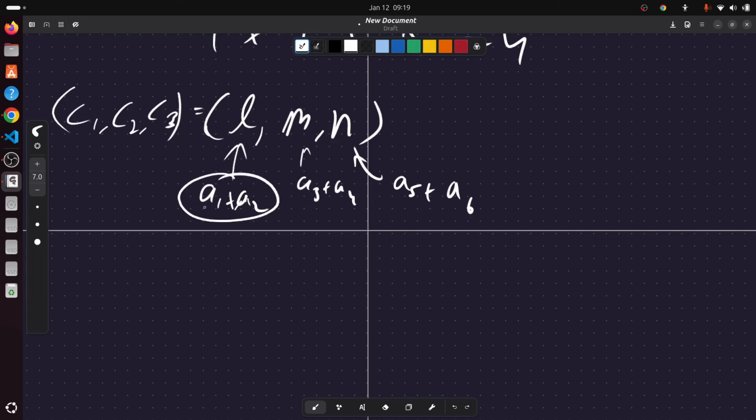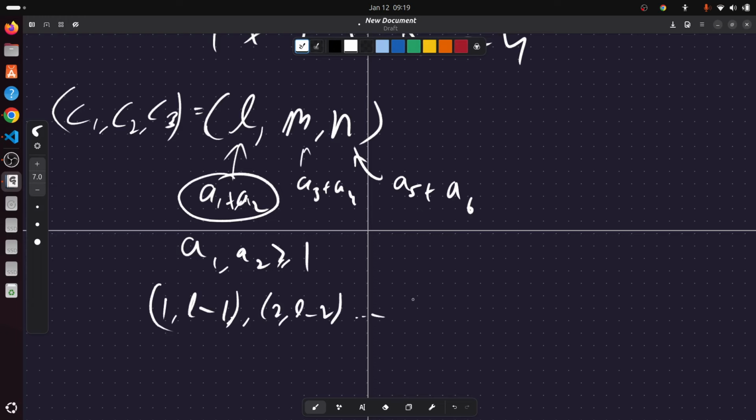I want A1 and A2 to be positive, greater than or equal to 1. So either I'll have 1 comma L minus 1, or 2 comma L minus 2, and up to something comma 1.